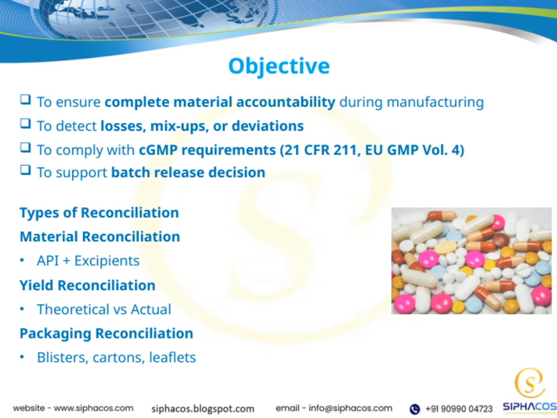Lastly, packaging reconciliation involves verifying the count and quality of finished packaging components, such as blisters, cartons, and leaflets. Ensuring these are accurate and complete is essential for product integrity. All these reconciliation types are interconnected and vital for maintaining quality and compliance in our manufacturing process.